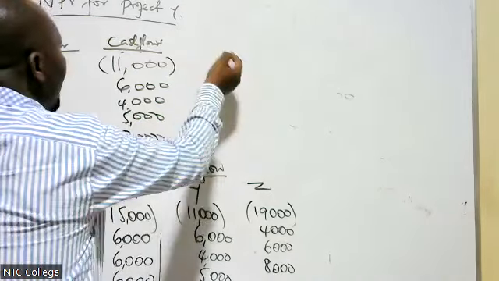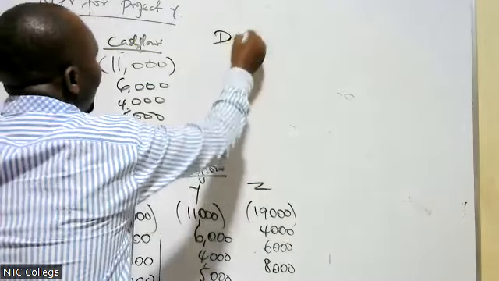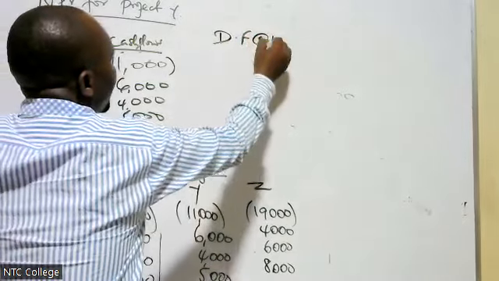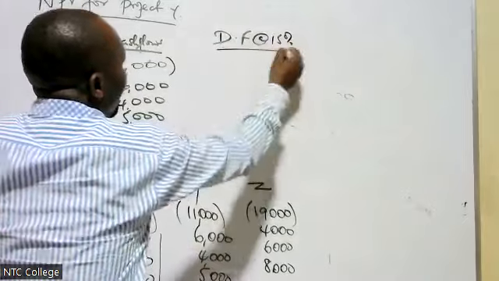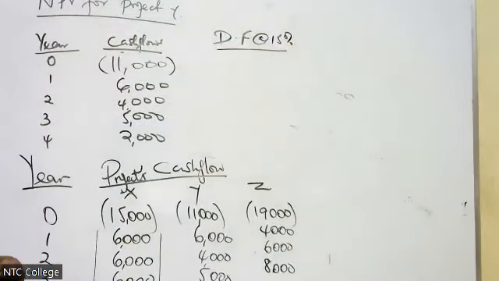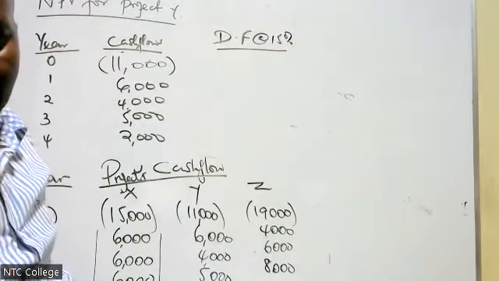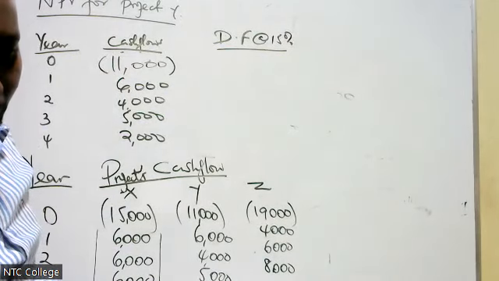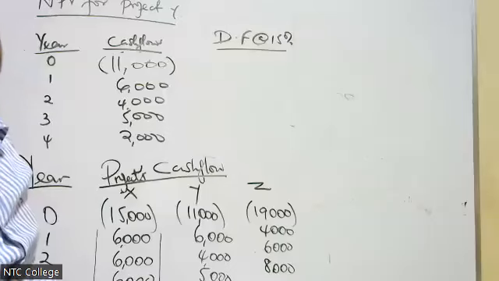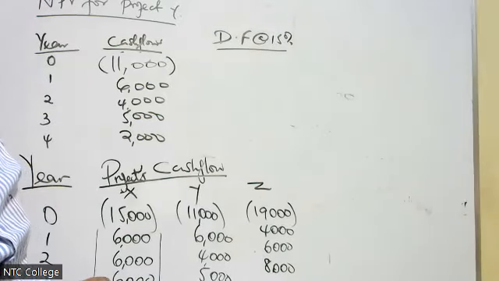So our discounting factor here, can somebody get us the discounting factor at 15%? What is it?